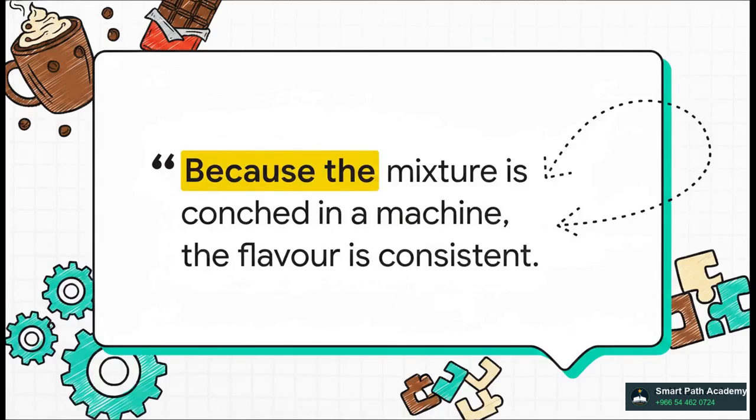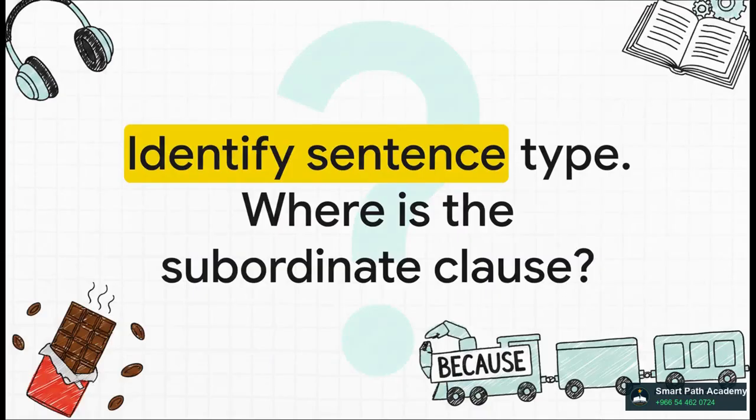All right, here's another past paper theme. And this one's making me a little hungry, honestly. Because the mixture is conched in a machine, the flavor of the chocolate is consistent. Now, keep your eyes peeled for the very first word in this sentence. Does it give you a hint about the structural integrity of the rest of the clause? Did you spot the trap? Identify the sentence type and locate that subordinate clause.